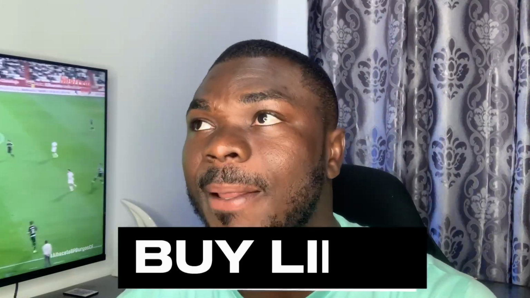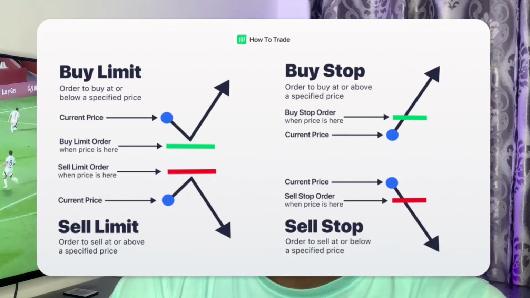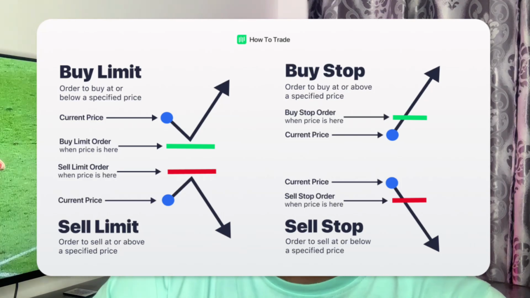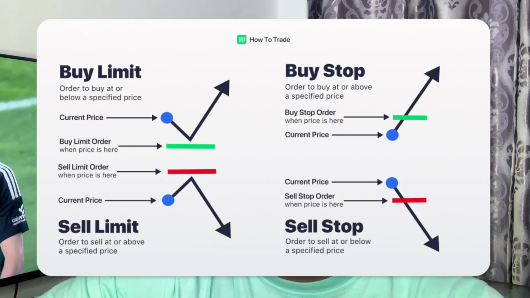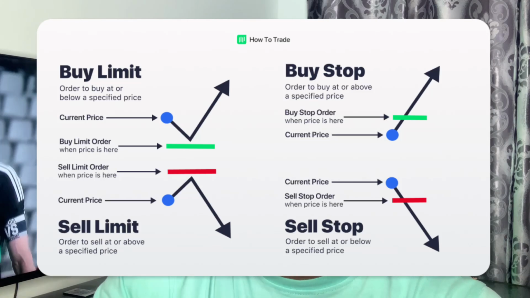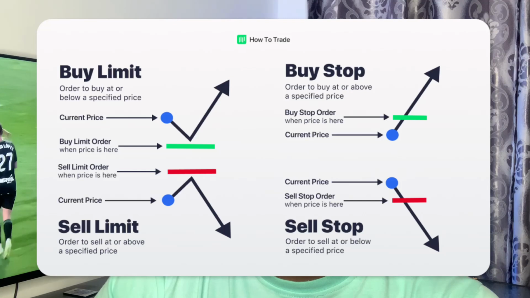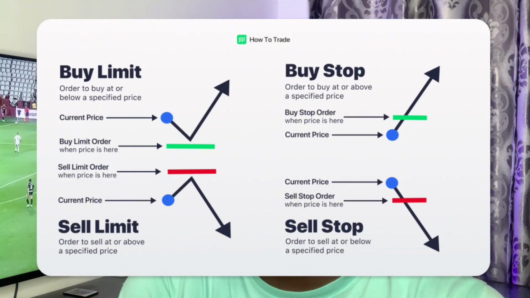So what is it when we say buy limit? Buy limit is basically you set a limit at a particular price level that the current market price has to move back to, to hit or trigger, before it goes back up. Let me explain this to you. Buy limit, in another level of explanation, means that currently where you were supposed to actually buy, you have missed that signal.